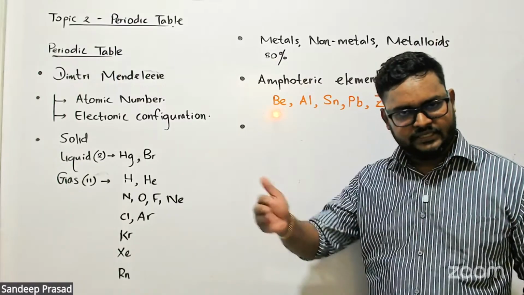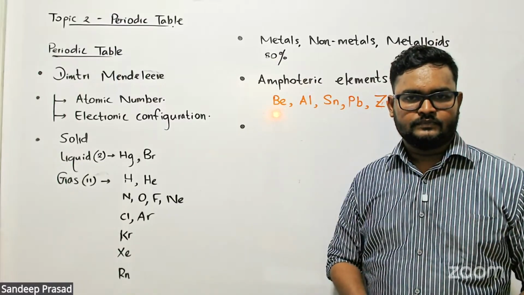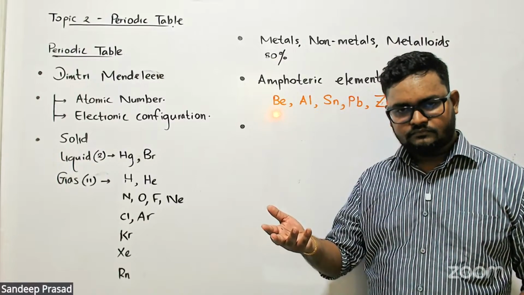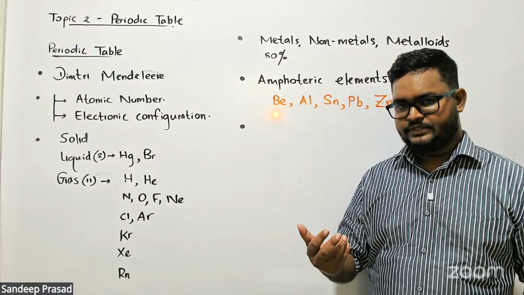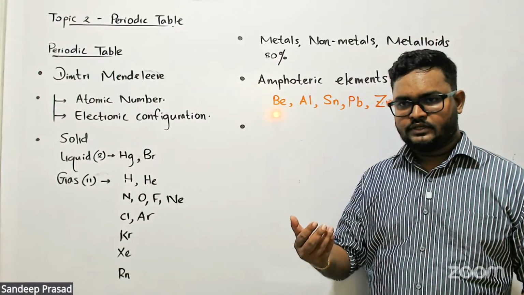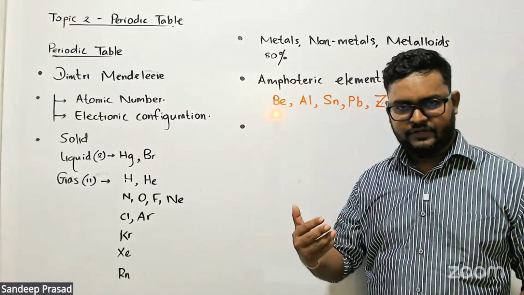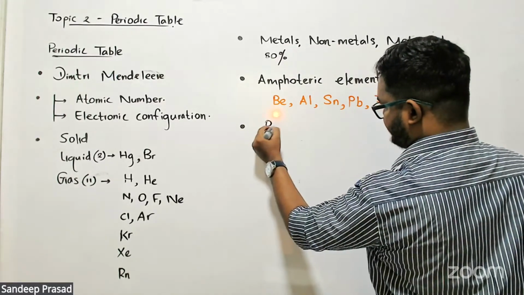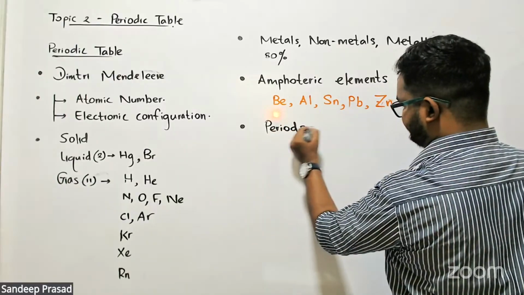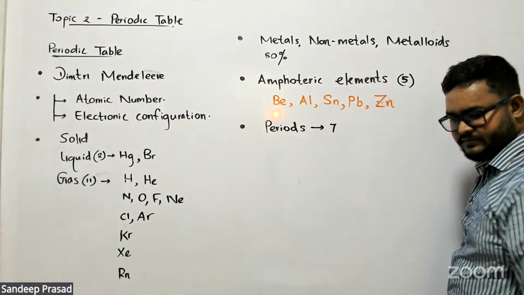In your resource book, they have given the modern periodic table. There are 7 periods, okay? Remember, students, there are 7 periods in the periodic table.